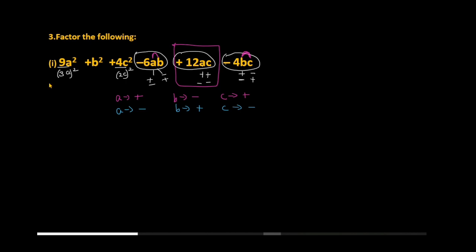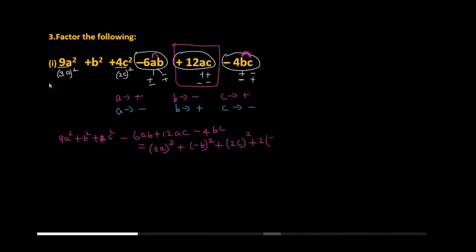Now in the first way we can check it, which is 9a squared plus b squared plus 4c squared minus 6ab plus 12ac minus 4bc. Using our a positive, b negative and c positive, we can write this. a positive means 3a the whole square. b negative means minus b the whole square. c positive, 2c the whole squared, plus 2 into a positive.